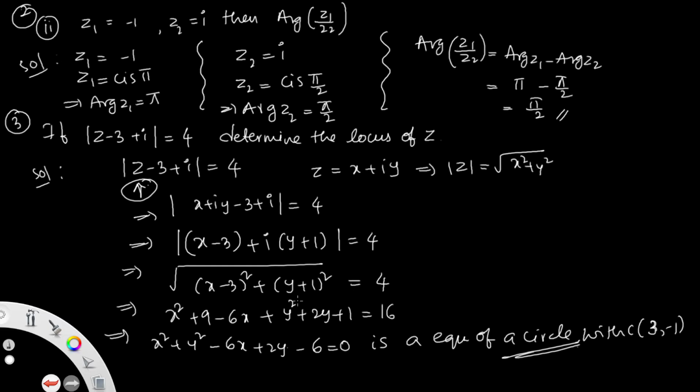Question number 4. If z equals cos theta comma sin theta, find z minus 1 by z.